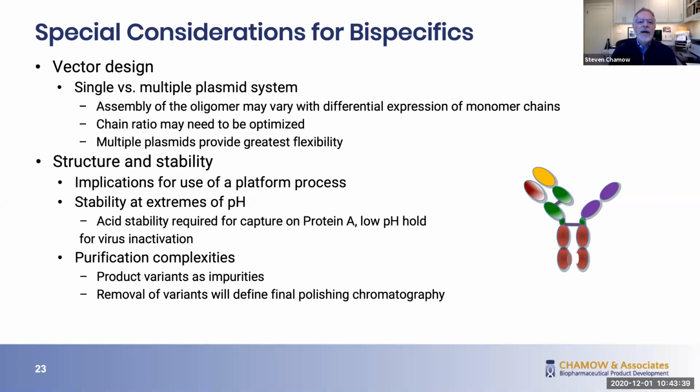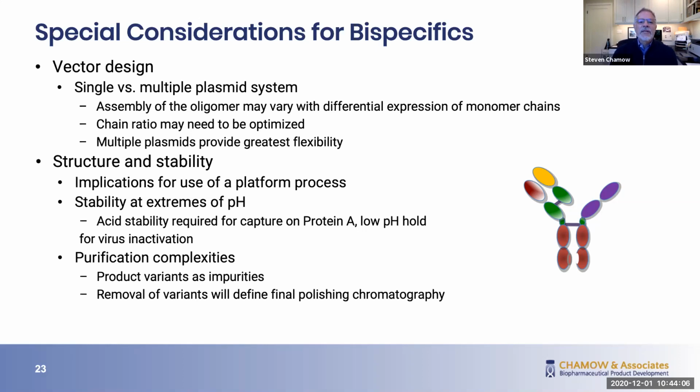So structure and stability, we have bispecifics also have implications for the use of a platform process. Now, those of us in the monoclonal antibody world have become very comfortable with the platform process that we use for monoclonals. That platform process needs to be tempered and modified in order to make bispecifics.